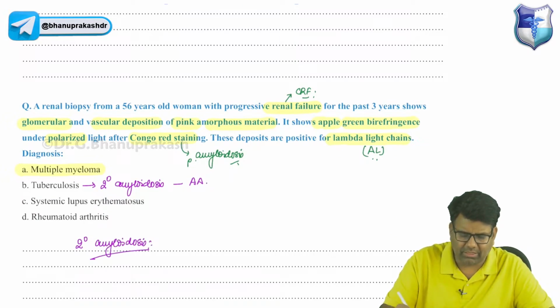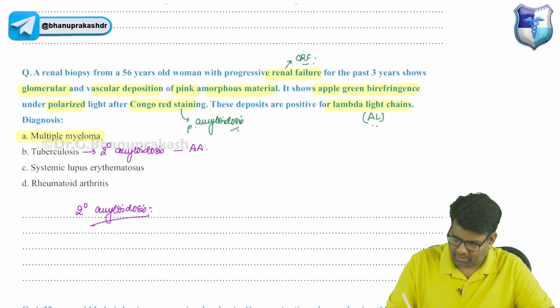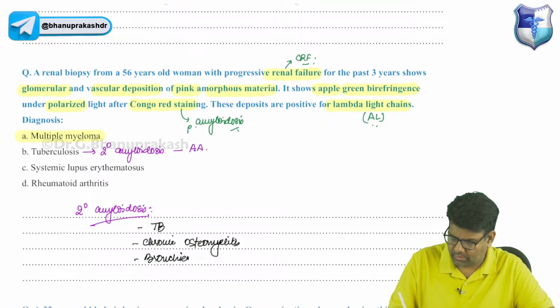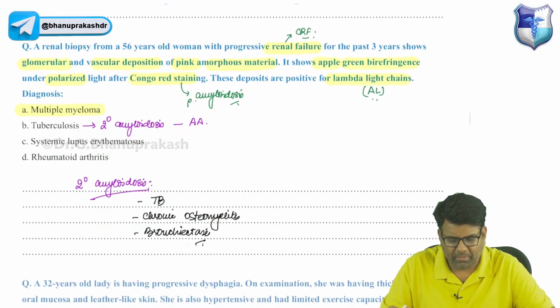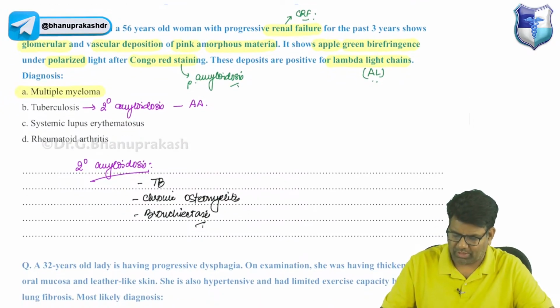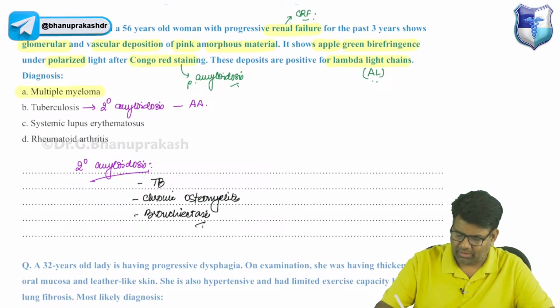In which conditions can we see it? Chronic infections like tuberculosis, chronic bronchiectasis. So this is secondary amyloidosis. Yes, Raghu. So, it is AA.